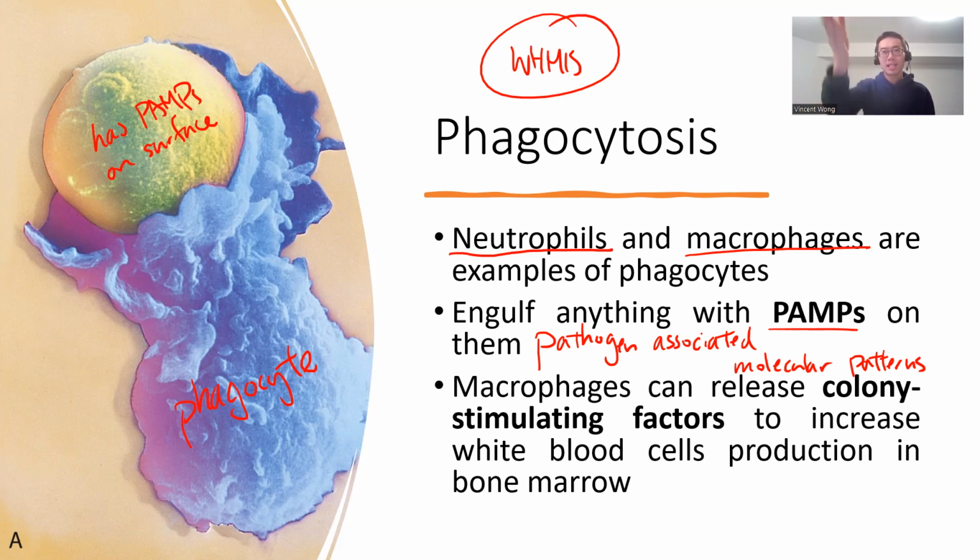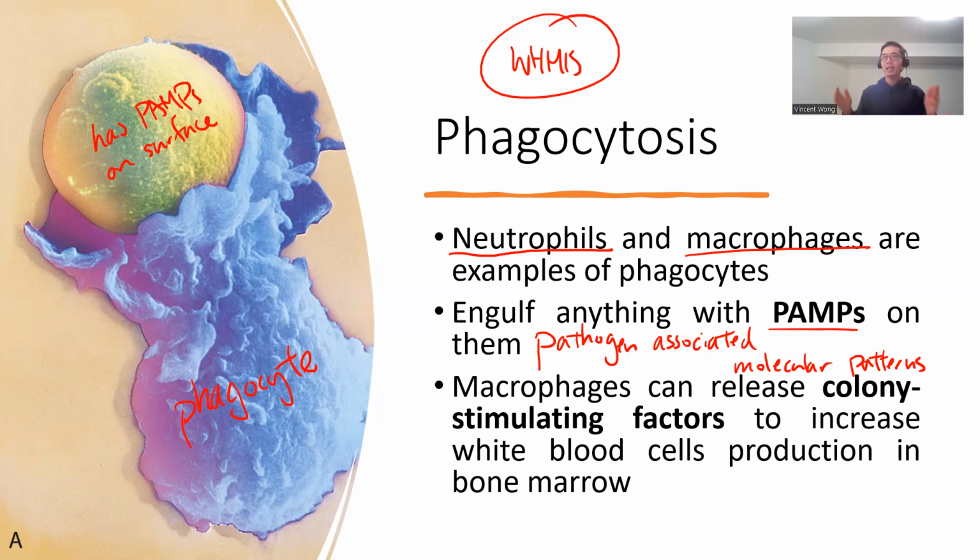Like you see the skeleton, you know not to drink that stuff. You see the exploding symbol, you know not to put that over the fire. It's dangerous, right? So in the same way, your white cells are trained to recognize certain patterns, certain symbols. And if you see those symbols on a particular cell, you know that cell is dangerous. You need to kill it. That's basically what PAMs are. They are like the WHMIS symbols, but on a molecular level.